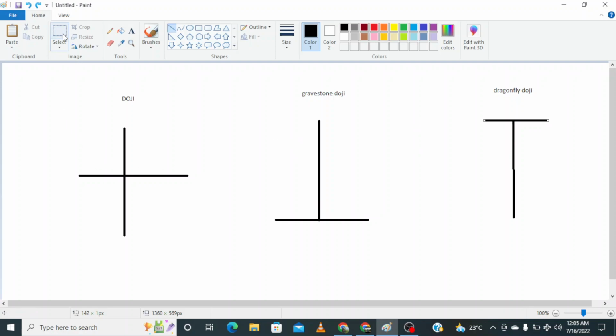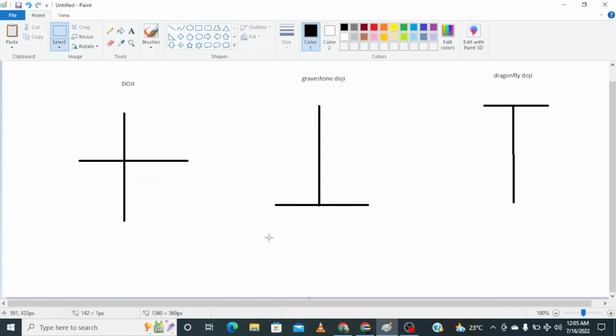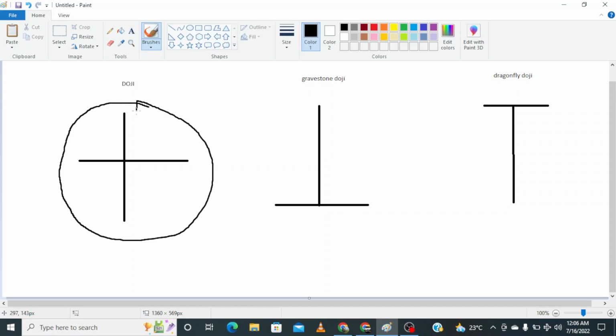Now what a doji is, let me just tell you that it is a complete indecisive candle. इससे कोई पता नहीं लगा सकता कि मार्केट में क्या होने वाला है, but if the market is coming from bottom to top, and if this is formed, it means that the buyers and sellers are in a tug of war.